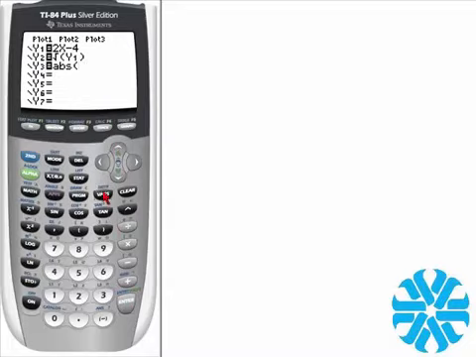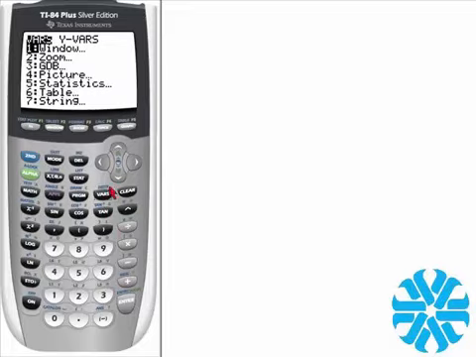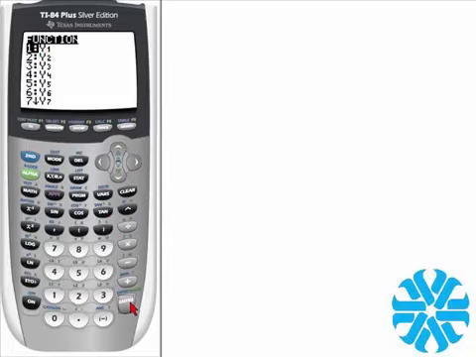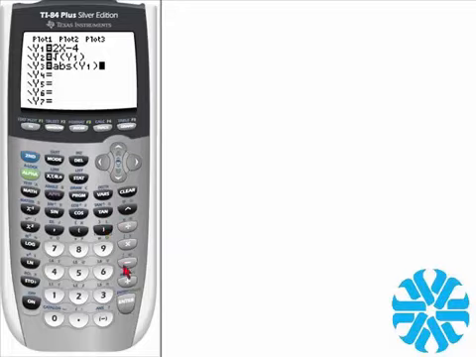So we would go to vars, move over to y vars, and we want function, select enter, then we want y1, select enter, close the parenthesis, and let's subtract 5.